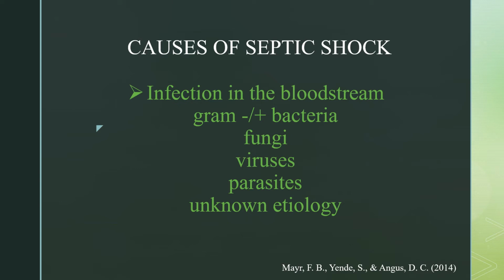The infection could be from fungus, viruses, or parasites, and sometimes doctors will have a difficult time pinpointing exactly where the infection is, but it is infection in the bloodstream. This is what causes the septic shock.